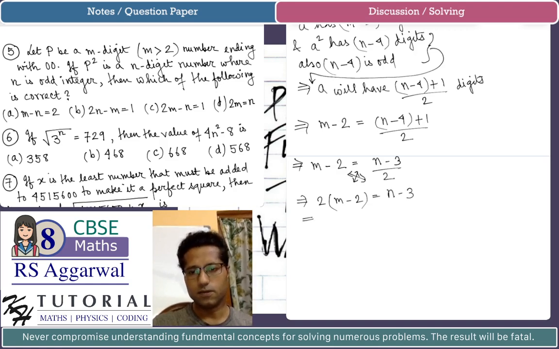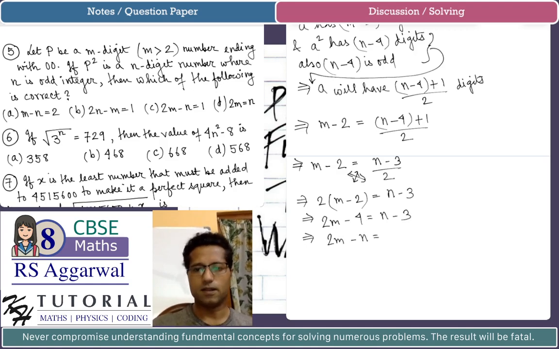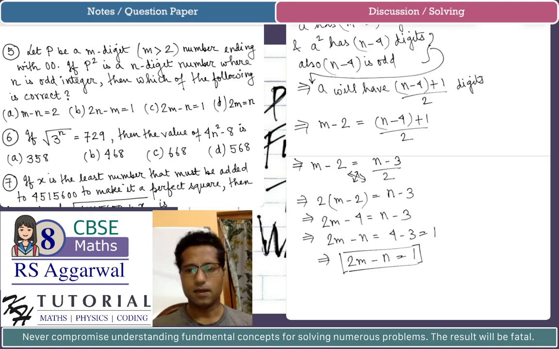This will imply twice m minus 4 is equal to n minus 3. If I bring the n to the left hand side and minus 4 to the right hand side, I get 4 minus 3 equals 1. So this implies twice m minus n is equal to 1. This is the relation we are getting, and the correct choice is C.